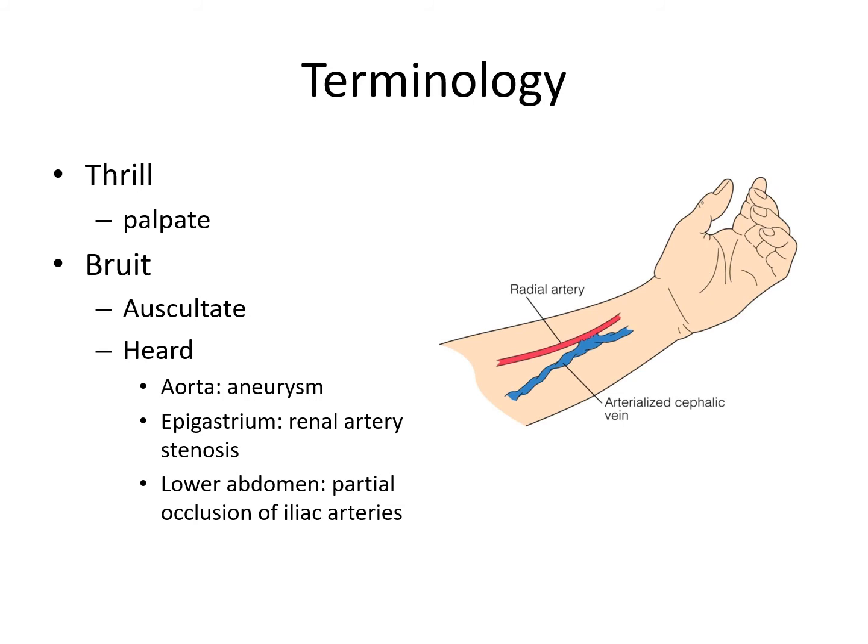In the picture that you see here, we have an arteriovenous graft, and that you have studied in your renal unit, I'm sure. So in chronic renal failure, an AV graft is most often used for vascular access.